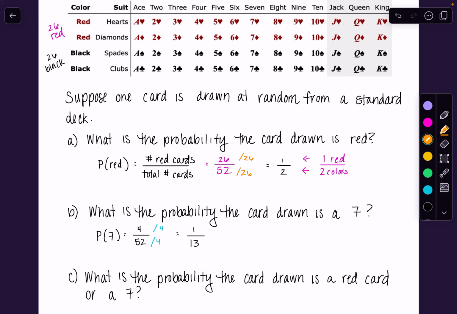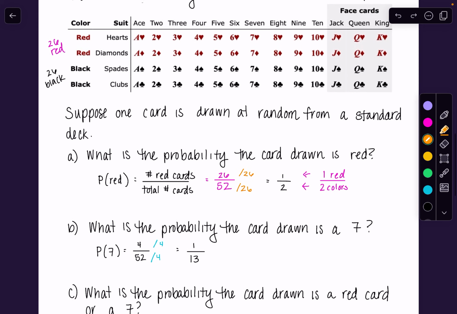A lot of times what would happen is people will go, okay, well, there were 26 red cards. There were 4 7s. So in total, there's 30 out of 52 that make this event possible. But that's not the case here because you're counting overlap.